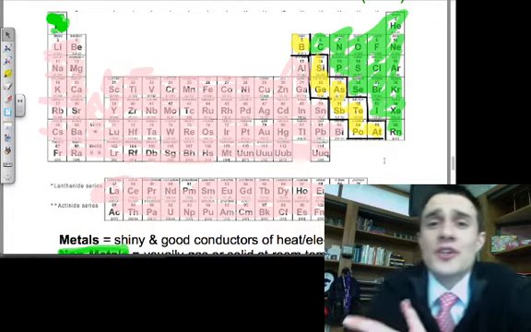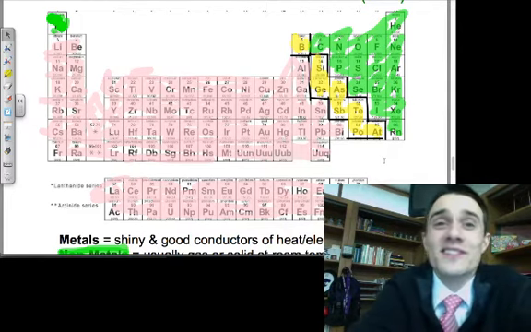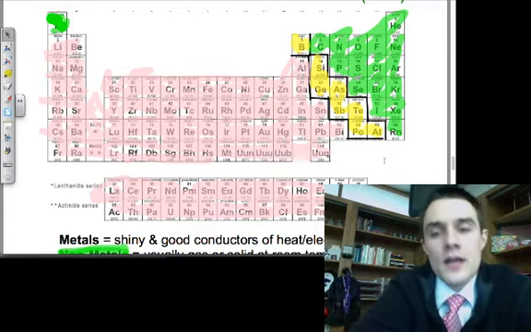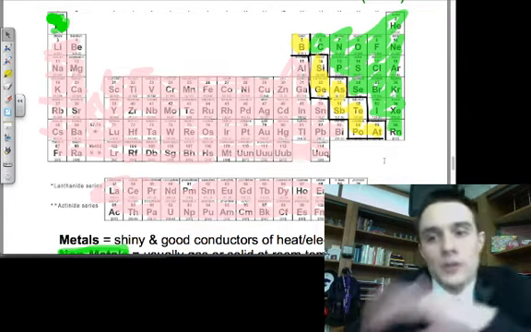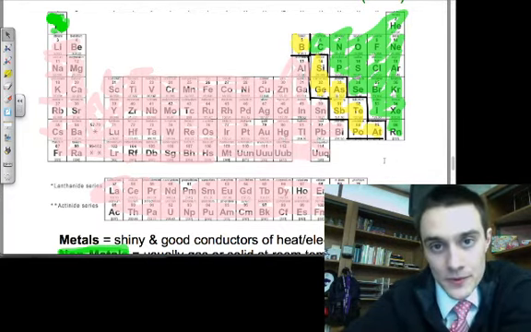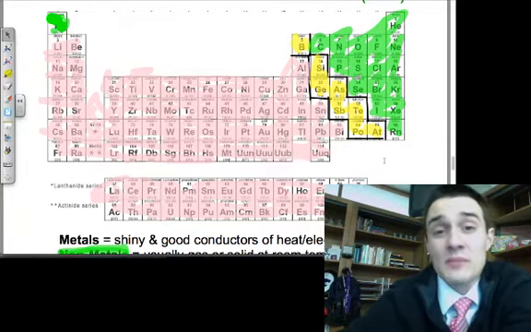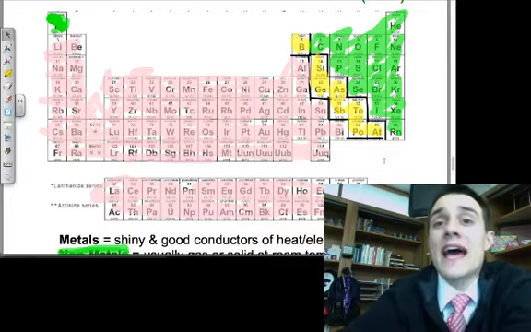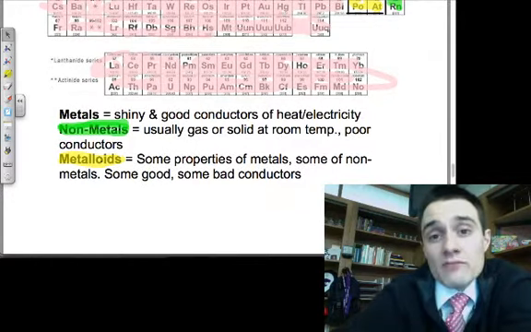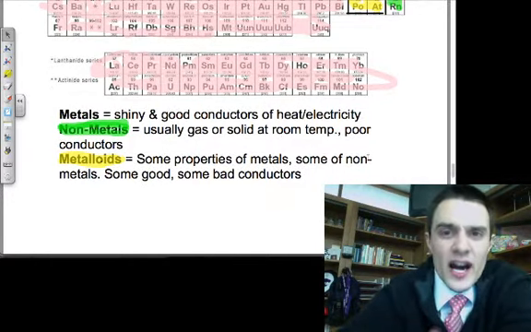They could occur as gases, liquids, or solids, but they've got a little metal and a little non-metal with them. And then finally, the green highlighted, as you see, are your non-metals. Very, very poor conductors, sometimes good insulators, typically gases and liquids. That's what we've got for the periodic table, and little descriptions here for each one of those highlighted areas.